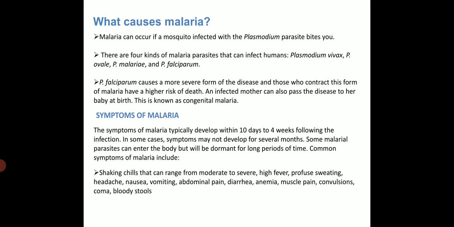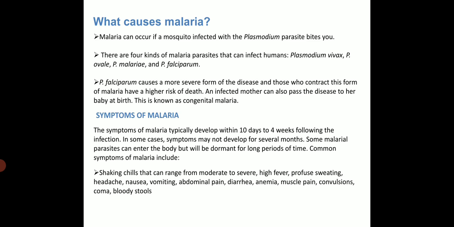The common symptoms are shaking chills that can range from moderate to severe, high fever, profuse sweating, headache, nausea, vomiting, abdominal pain, diarrhea, anemia, muscle pain, convulsions, coma, and bloody stools.